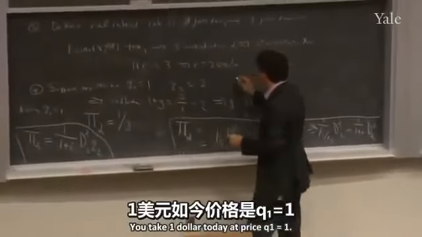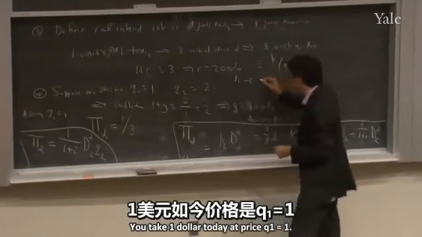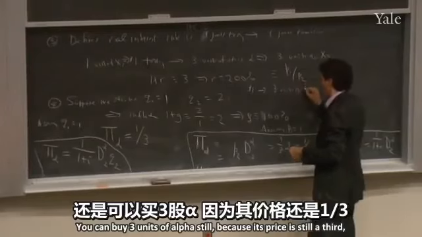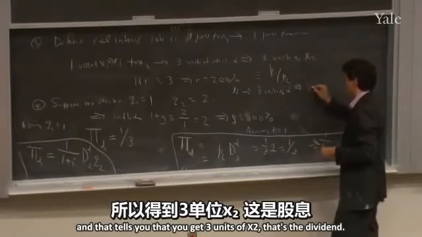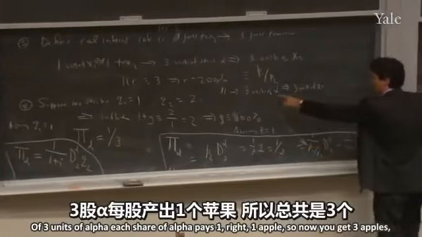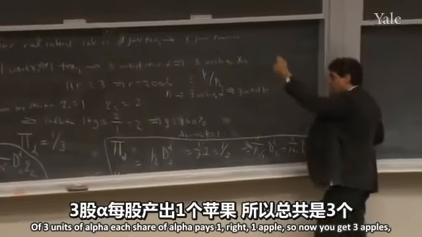Let's just do it. You take $1 today. At price Q1 equals 1, you can buy 3 units of alpha still, because its price is still a third. Okay, and that tells you that you get 3 units of X2. That's the dividend of 3 units of alpha. Each share of alpha pays one apple.